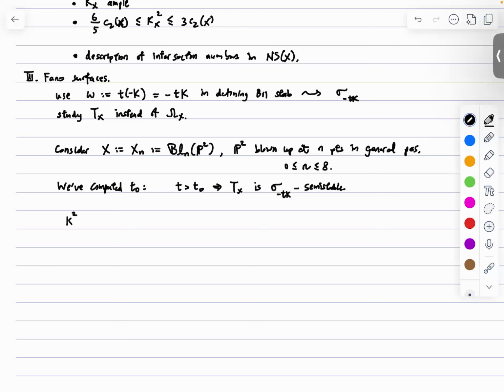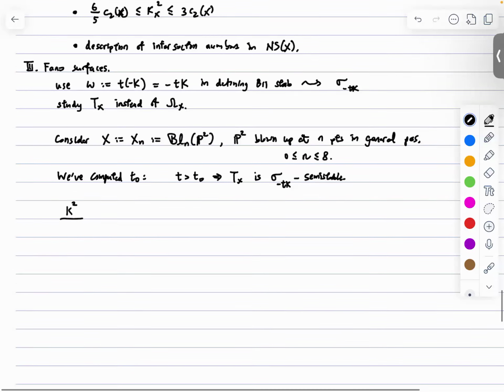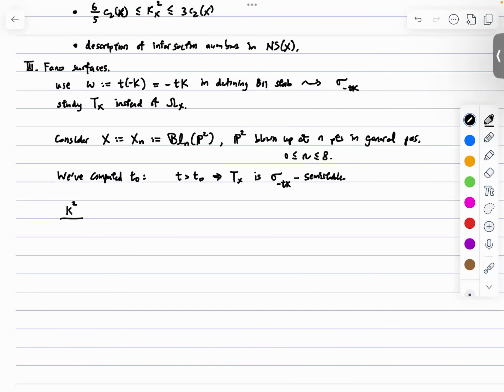So let's say we make a table according to the self-intersection of the canonical class. They go from 9 down to 1, and the number of points involved in the blow-up would be 9 minus K squared. We have 0, 1, then 6, 7, 8.